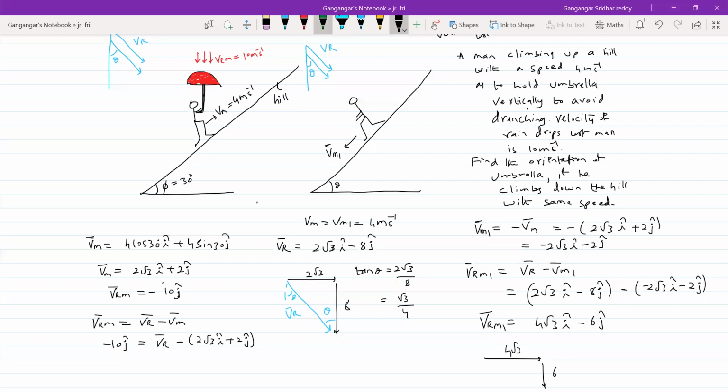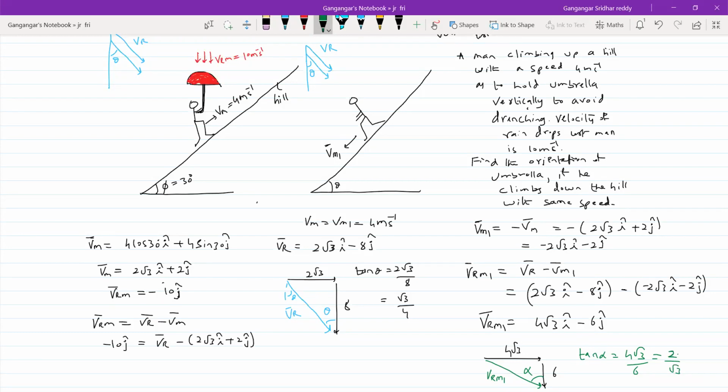So the direction of VRM1 bar will be somewhere like this. Call it alpha. So tan alpha is 4 root 3 by 6, so this will be 2 by root 3. So look at that alpha and put it here.